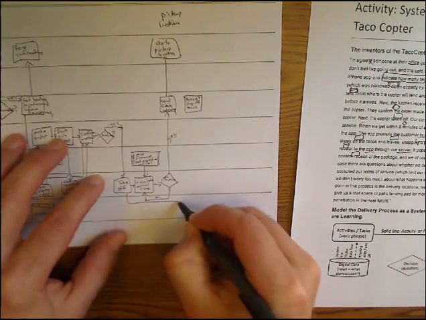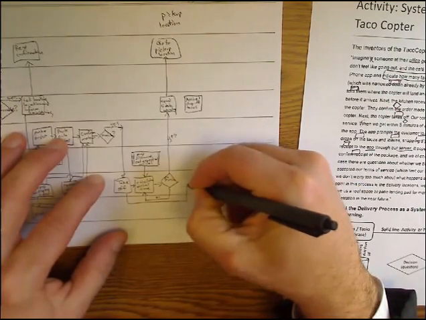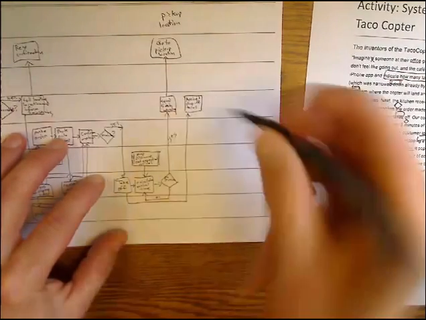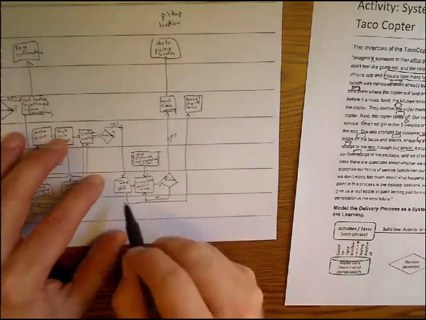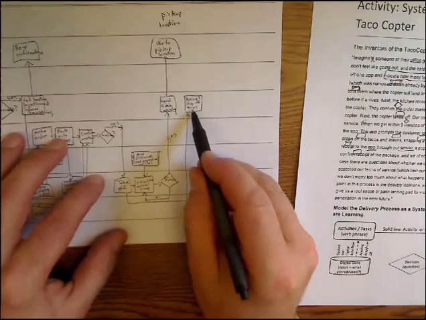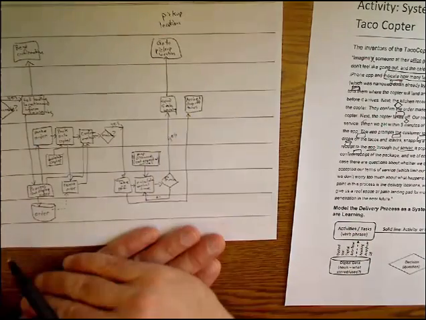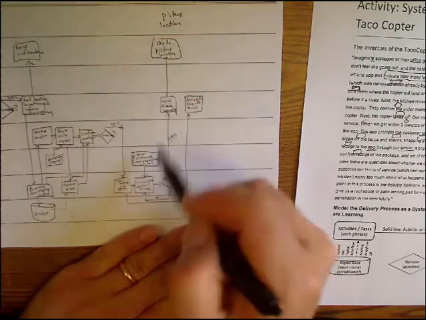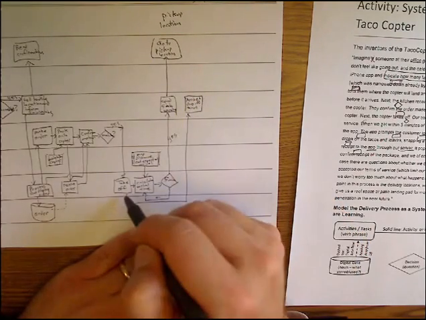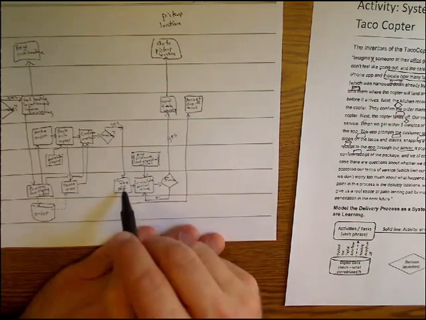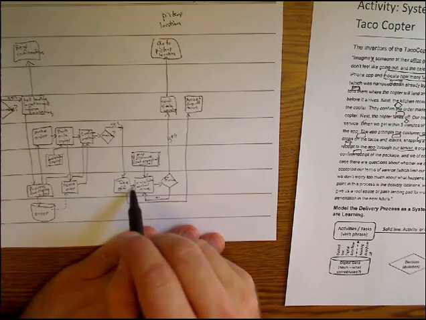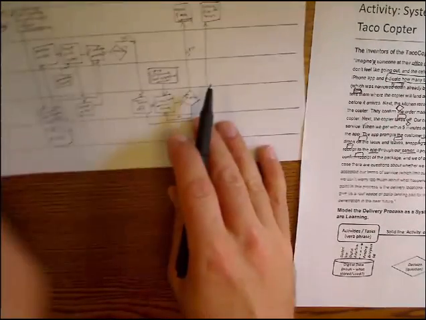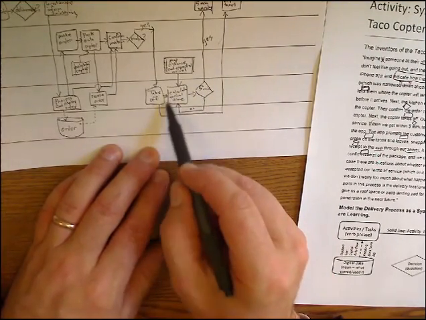This is happening independently of all these other pieces subsequent to the copter taking off. So I'm going to actually connect a line all the way to here, because even if this stuff failed, this would still happen. So there's a split going on here in the process. Both of these things simultaneously get triggered down here from takeoff.